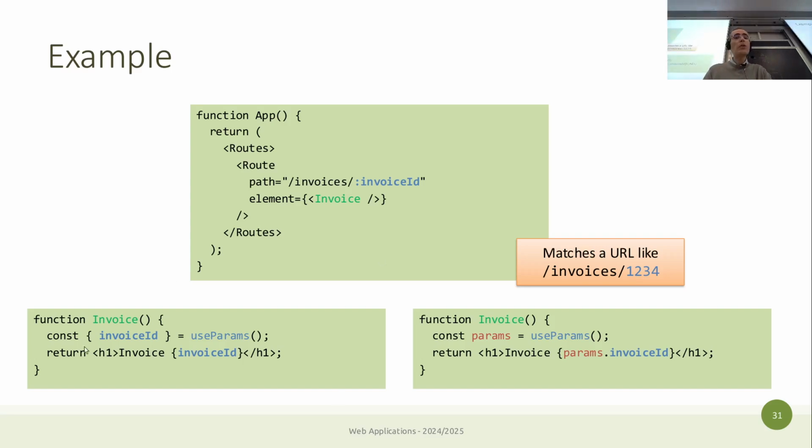And you can get the information as simply as this. Or like here, params.invoiceId, which is the same string that you wrote in the definition of the route, or you can extract directly from the object just the invoiceId. Just different ways of writing JavaScript. Different syntax, same behavior.